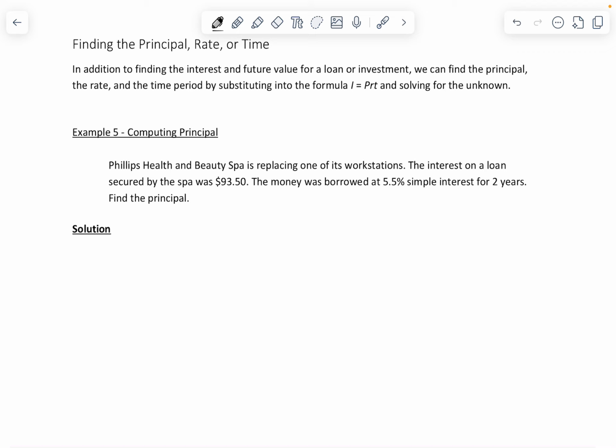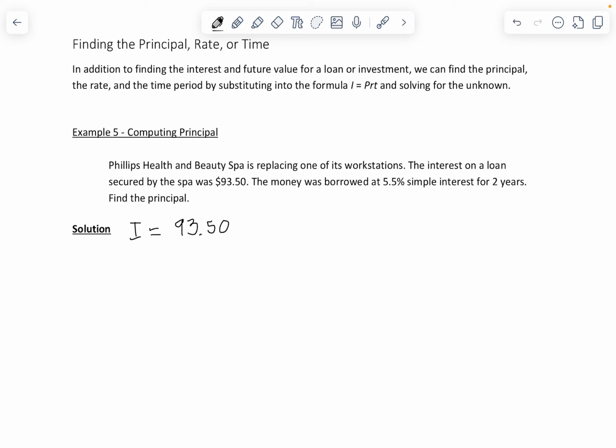Philips Health and Beauty Spa is replacing one of its workstations. The interest on a loan secured by the spa was $93.50. The money was borrowed at 5.5% simple interest for 2 years. Find the principal. So let's write down what we know. We know the interest, that was $93.50.